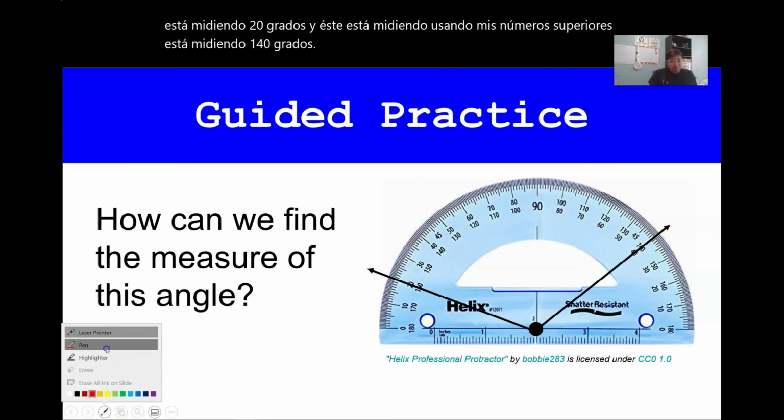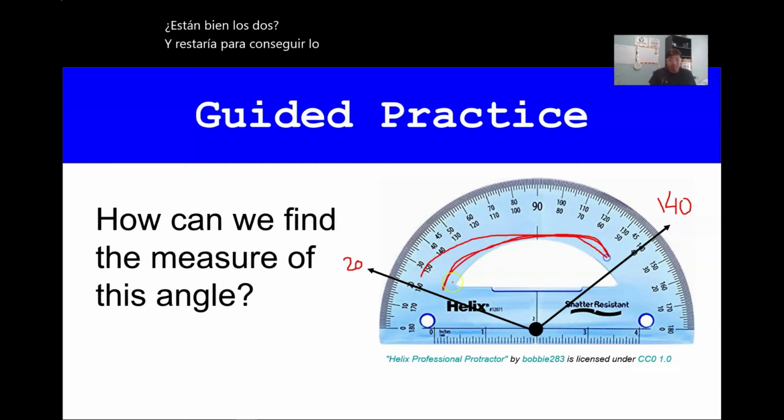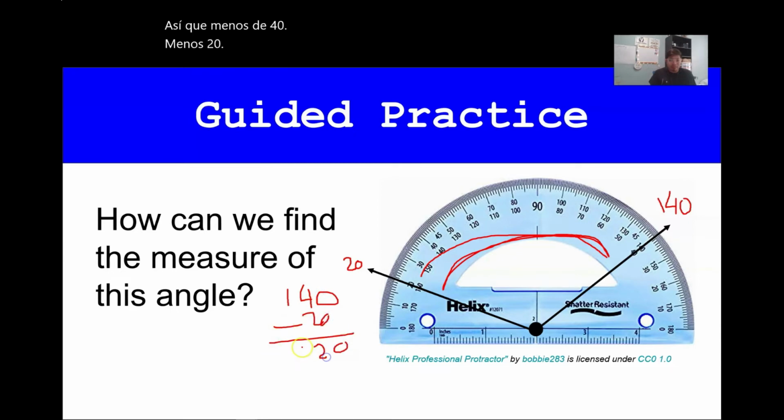What I would do is look at both of them, and I would subtract to get whatever this angle is right here. So 140 minus 20 is 120 degrees. So this angle right here is 120 degrees.